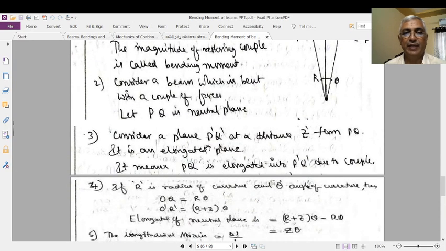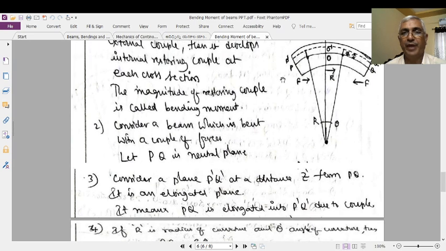Consider a plane P prime Q prime, an upper plane above the neutral layer, at a distance z from the neutral layer.